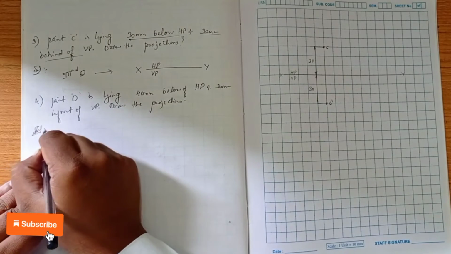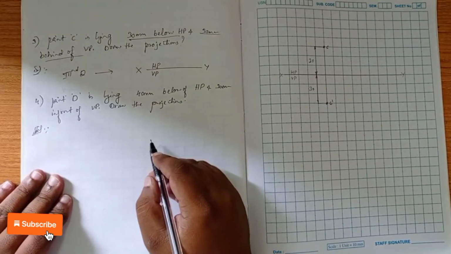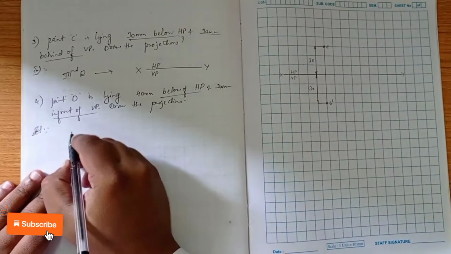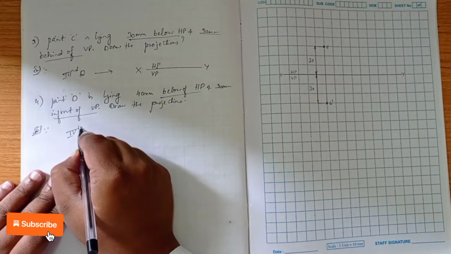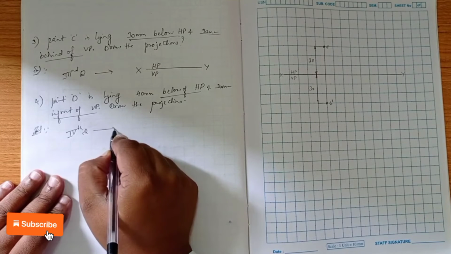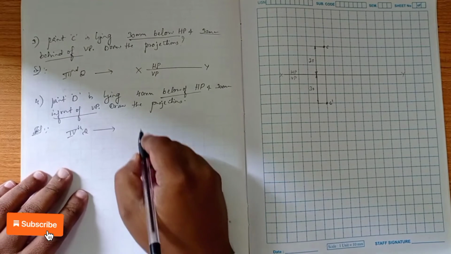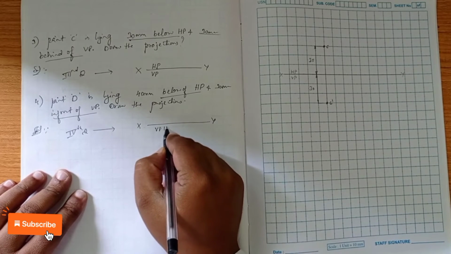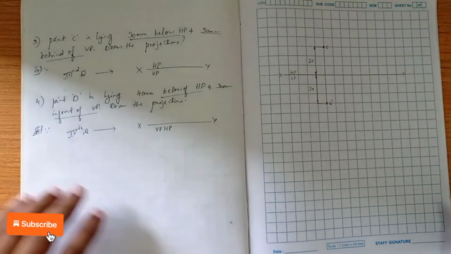Now we have to identify which quadrant it is. Below HP and in front of VP means it is the fourth quadrant. So point D is lying in the fourth quadrant. By convention, both the vertical plane and horizontal plane lie below the XY line.